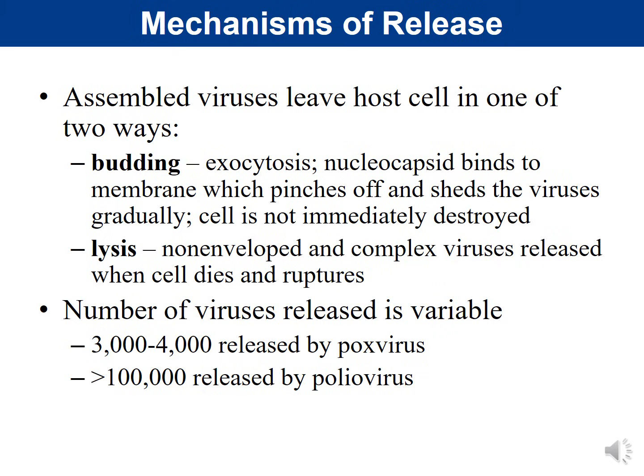In budding, the nucleocapsid binds to the membrane and pinches off and sheds the virus gradually. In this case, the cell is not immediately destroyed, and so this allows the virus to use that cell over and over to continually make new virus particles.